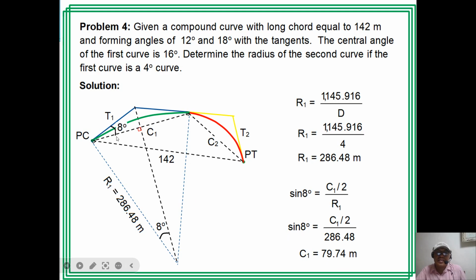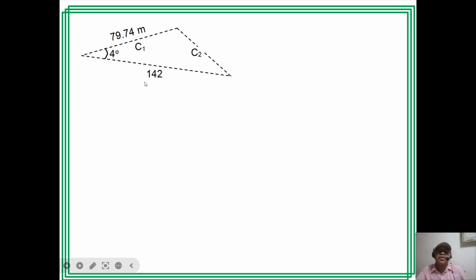So if this is 8, this is also 8 here. And since this angle between the long chord and the tangent T1 is 12, this is 4. Na? I can consider this triangle composing of the C1, the C2, and the long chord. And so, this is R2. C1 is 79.74. The long chord is 142. I can solve C2 by cosine law.